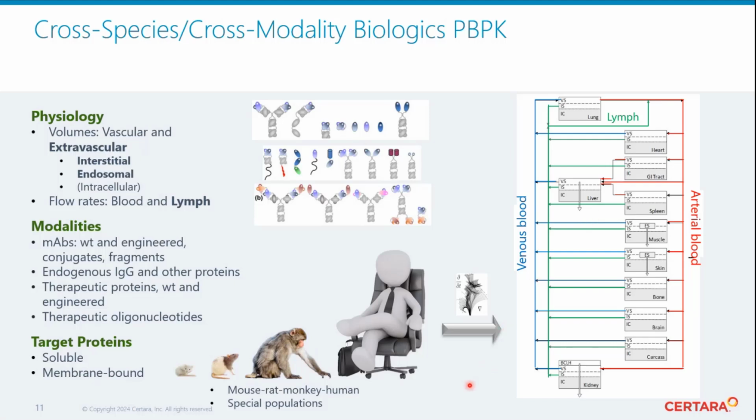And just to have a bit of extra spice here, the models also pretty much these days cover mouse, rat, monkey, and human. And in Certara, there are many special populations data for hepatic impairment, renal impairment, and so on and so forth. And the targets can be soluble, can be membrane-bound, so it's flexible.